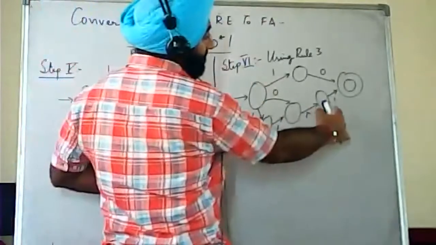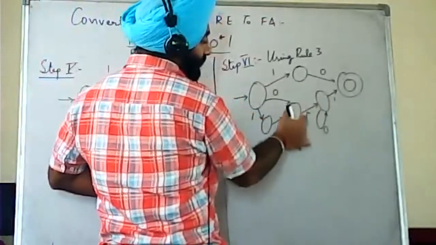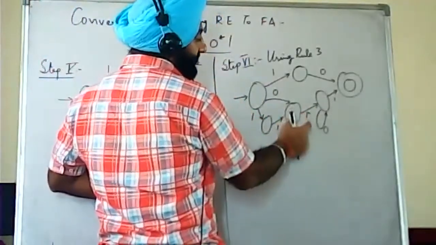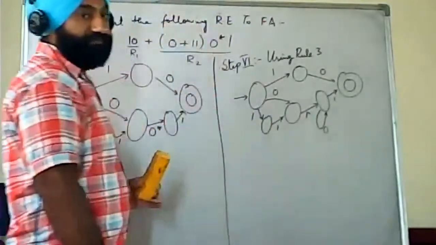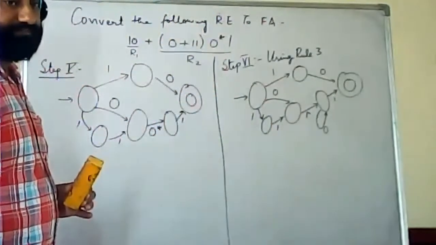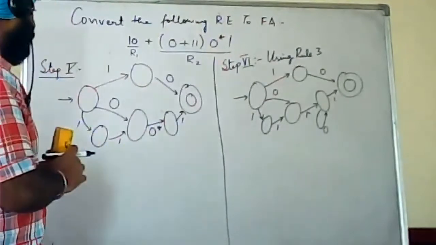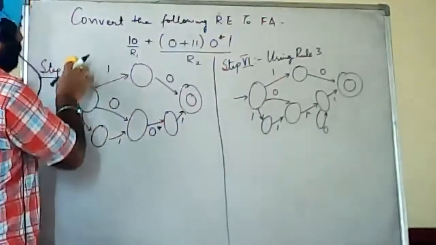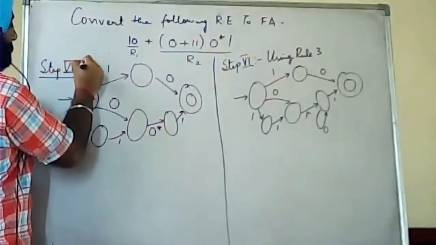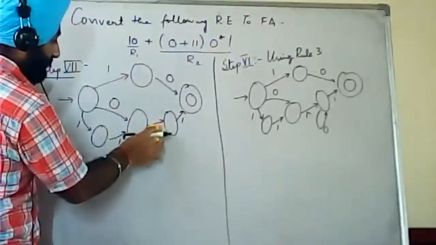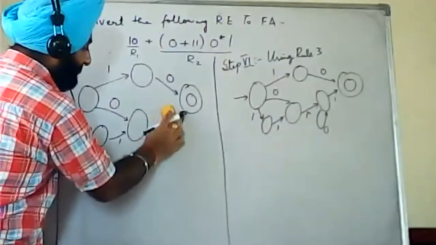You simply merge this state into this state, right? By doing this, this null move will be removed. So this is your step number 7. I am just removing this null move.